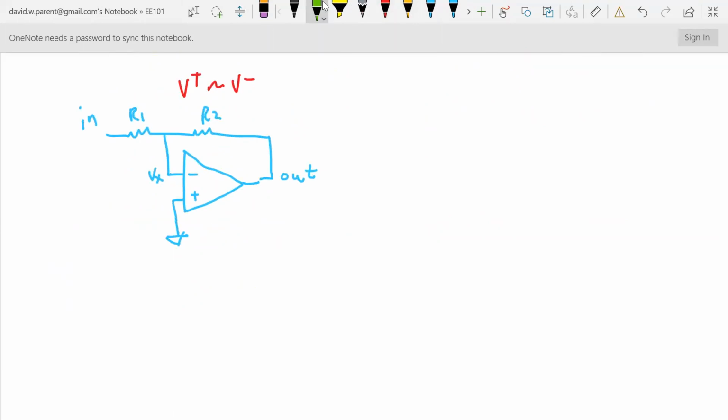So I'm doing nodal analysis, and I'm going to do the current directions maybe in a non-intuitive way. The current direction is from left to right, so the voltage drop is from left to right. Current direction from right to left, voltage drop from right to left.